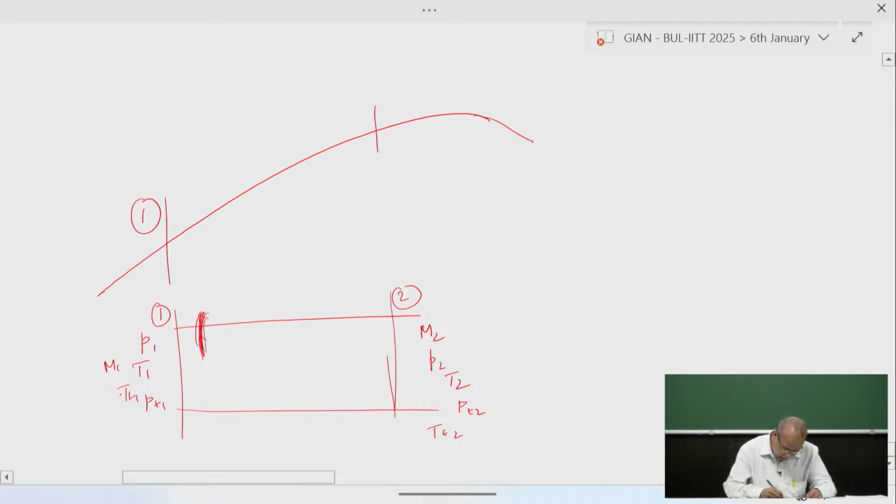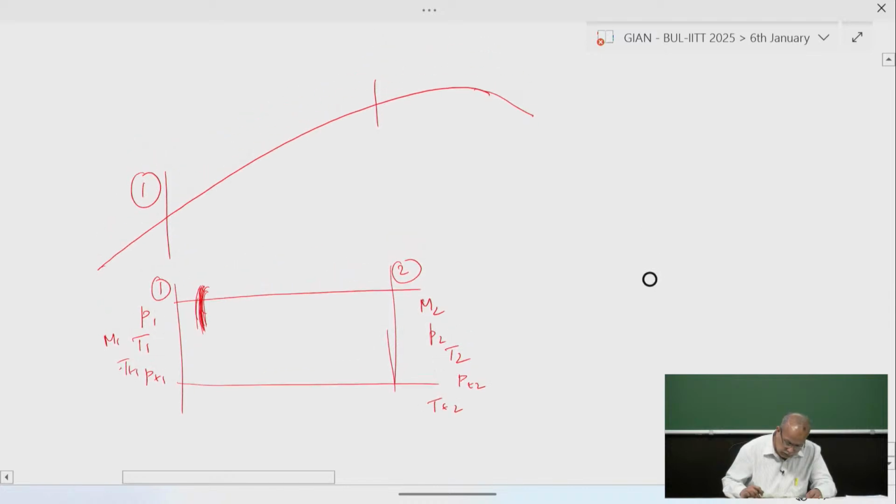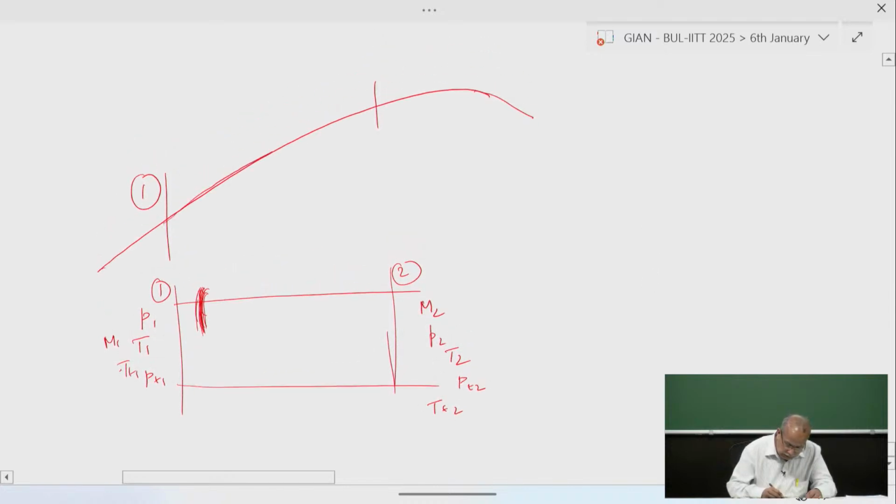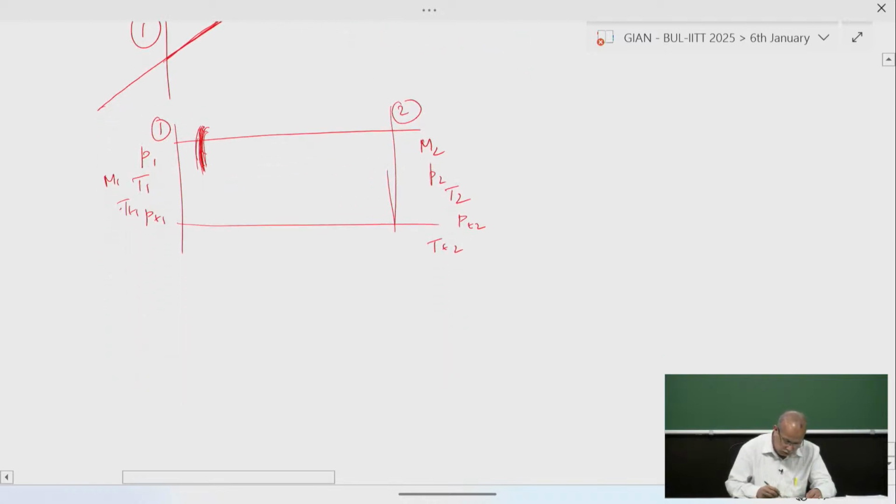Now here is the equivalent form either on the upper branch of the Rayleigh line going from 1 to 2, or it could be on the lower branch of the Rayleigh line if it's a scramjet engine going from 1 to 2.